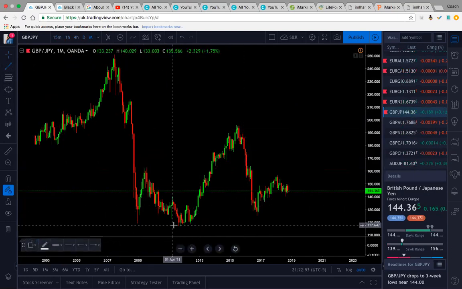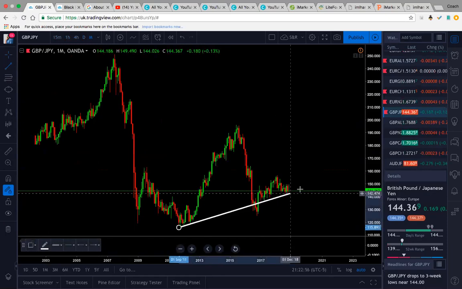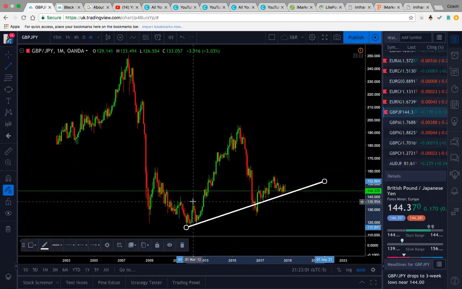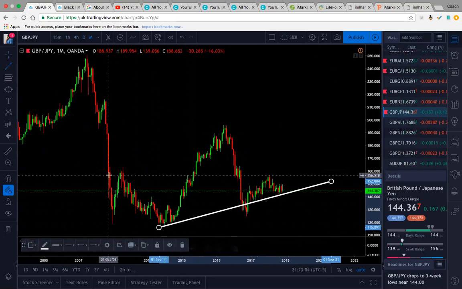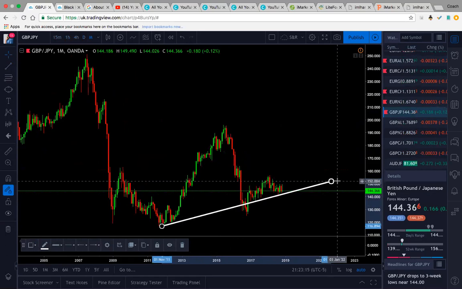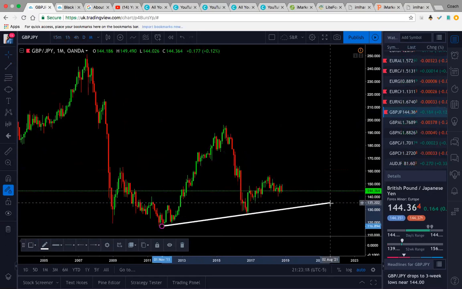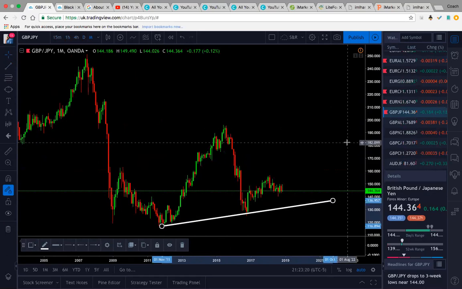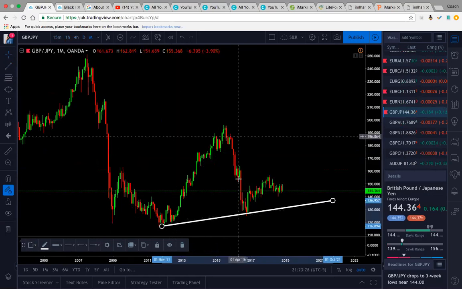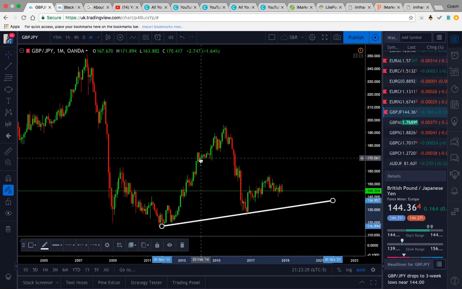So let's draw the trend lines based on what we see. So for me so far, this is an uptrend. We have two touches here on this trend line. So remember, a trend line is validated by two or more touches.